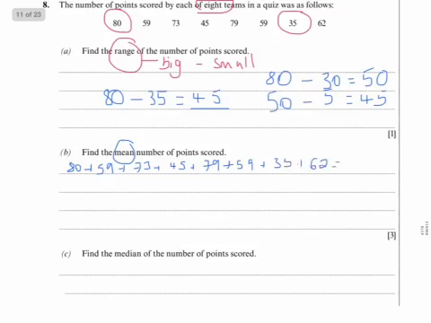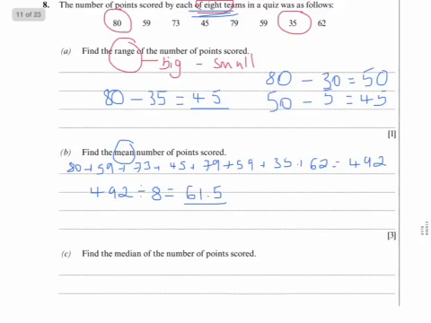I do that on the calculator, and that gives us a value of 492. So in the question it said that there were 8 teams. So I have to divide 492 divided by 8, which gives me an answer of 61.5.